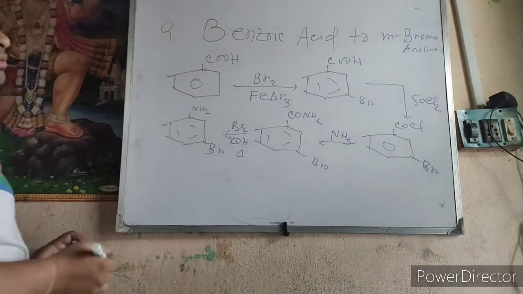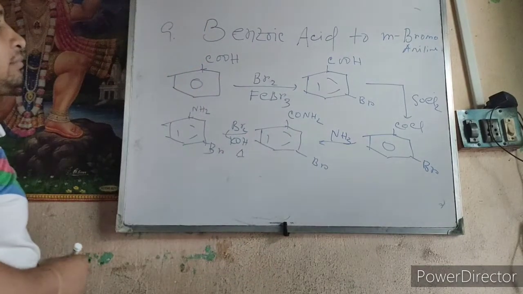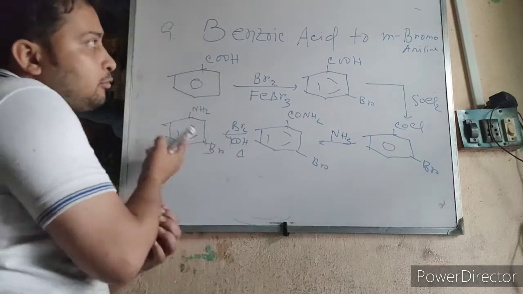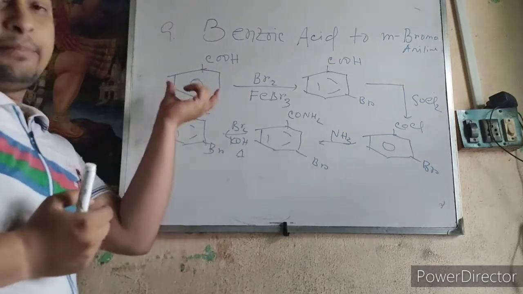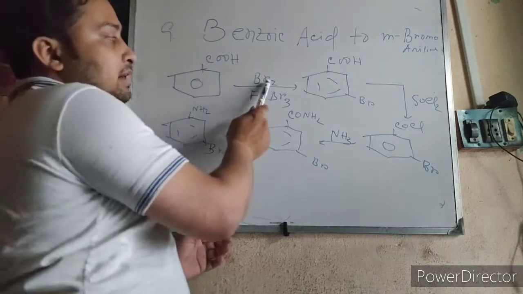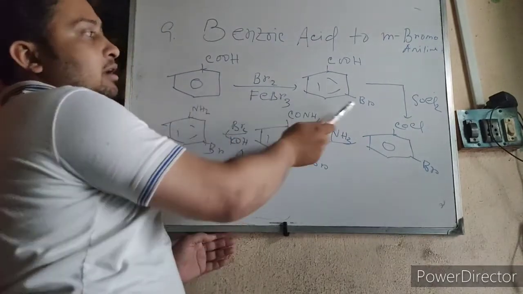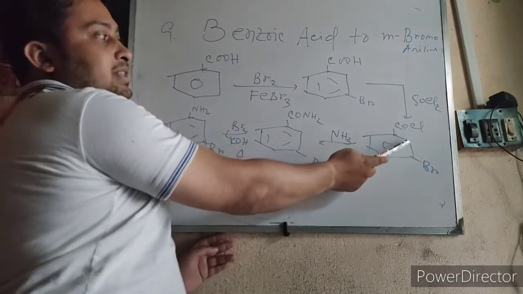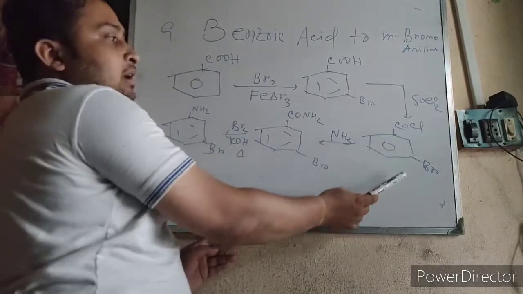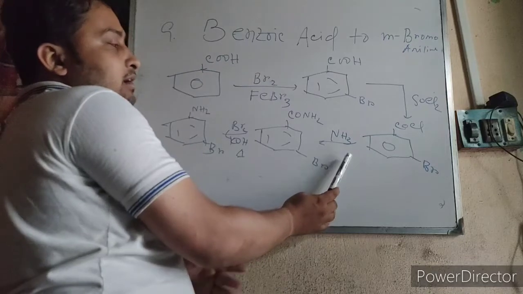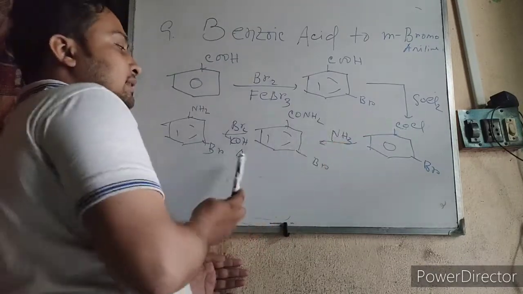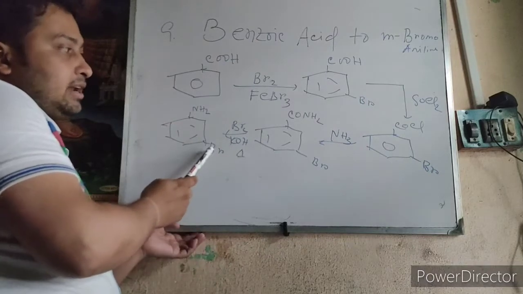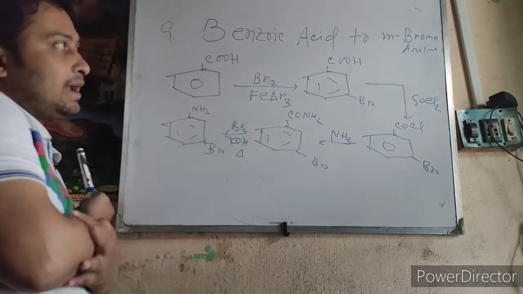So this is question number 9, and it is very important. Benzoic acid to meta-bromoaniline: react with Br2 and FeBr3 for Br on the meta position, then SOCl2 gives COCl, then ammonia gives CONH2, then Br2 and KOH with heat gives meta-bromoaniline.